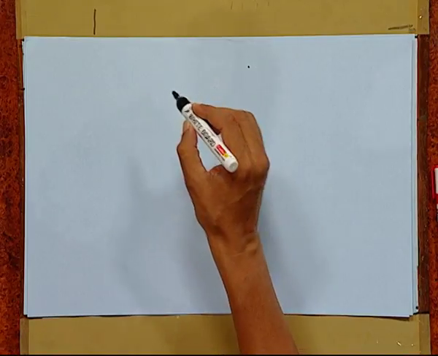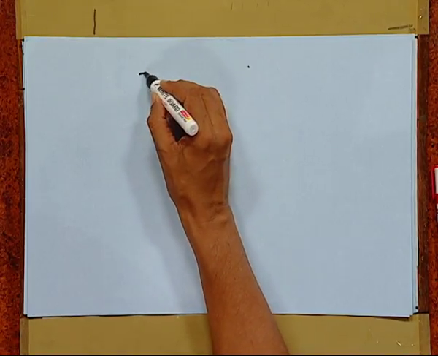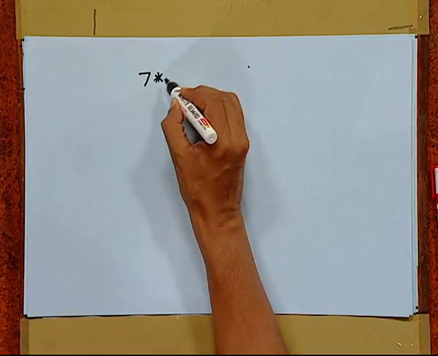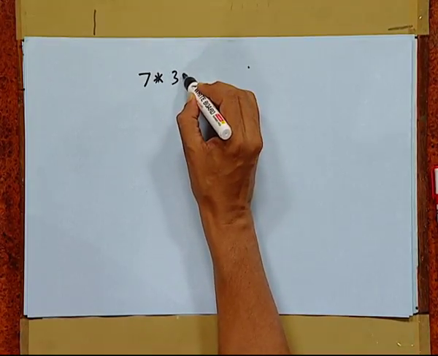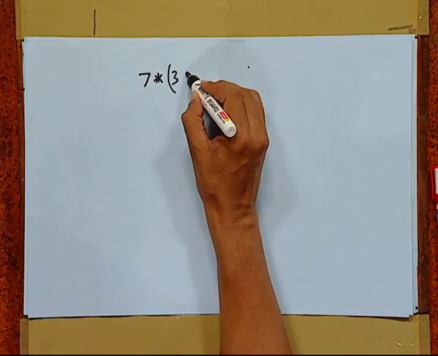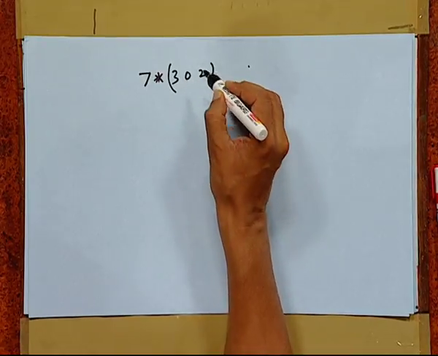For the last part of the problem, we have to show that the operation star is not distributive over the operation O. For this, we have to show a counter example. Let us take 3 elements, say 7, 3 and 2. We have 7 star (3 O 2).